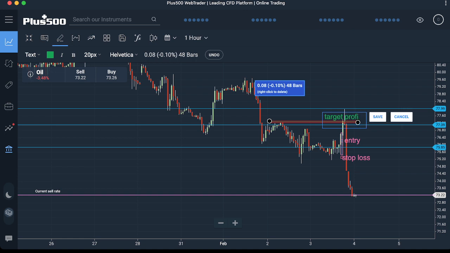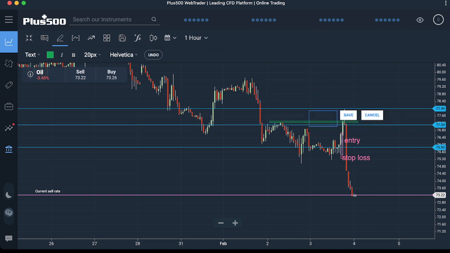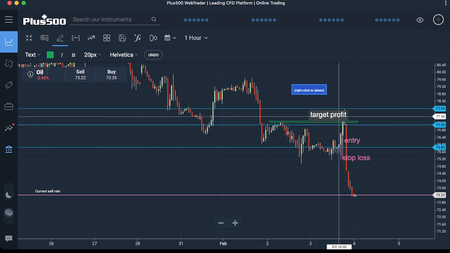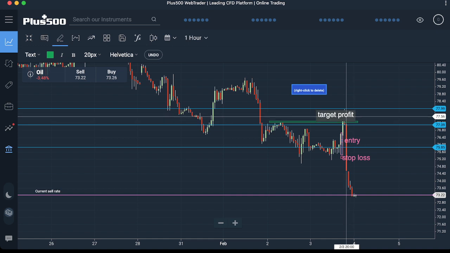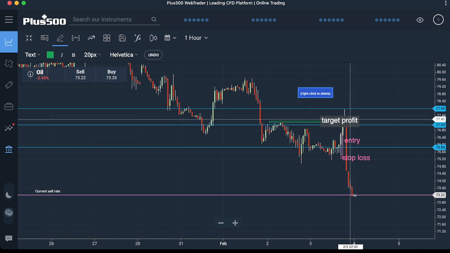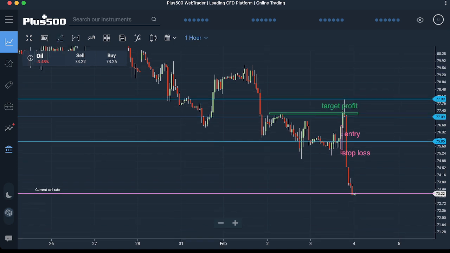So this was a very quick trade, and you could take the profit in less than 1 hour. And definitely there was a news after that at 10 a.m. on Friday, 10 a.m. New York time, and so you should exit the trade before that news.